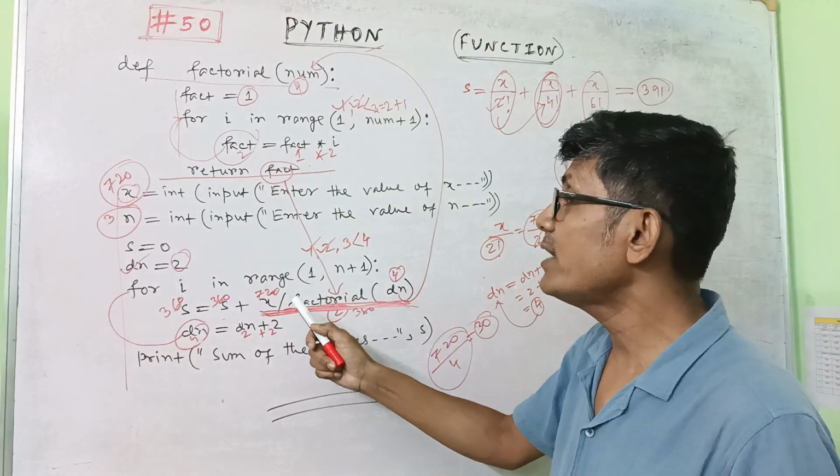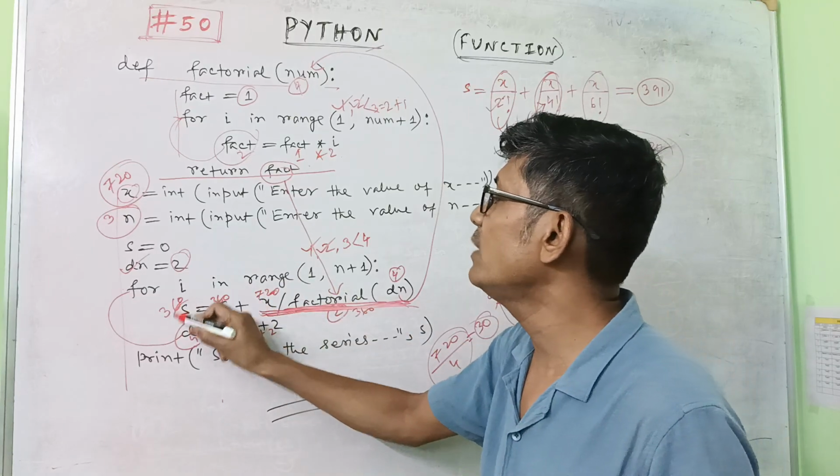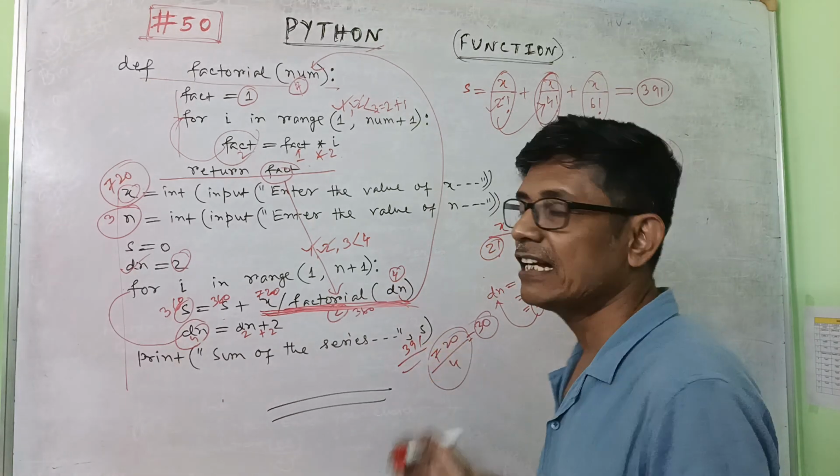So with these 3 calculated values, finally we will get the result where S will hold the final result, that is 391.